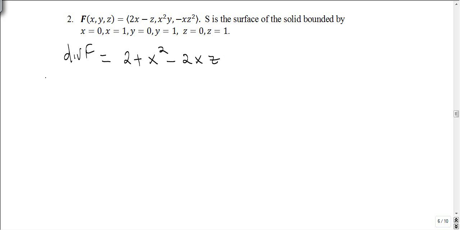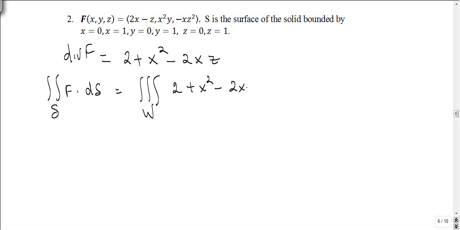So this is what we are integrating. So the surface integral over S of f dot ds is the triple integral over W of 2 plus x squared minus 2xz dV.